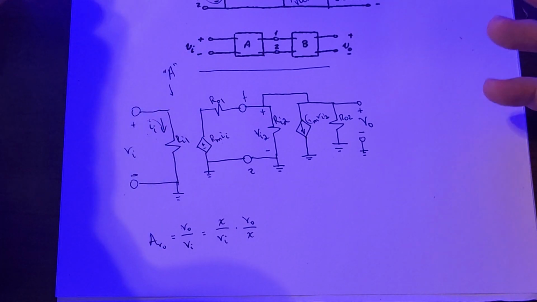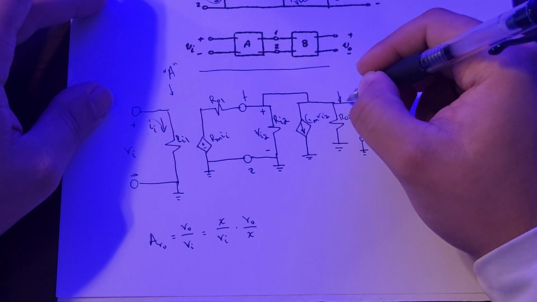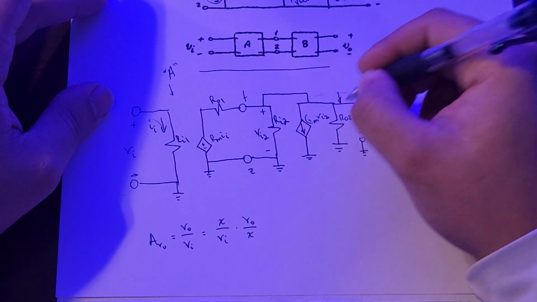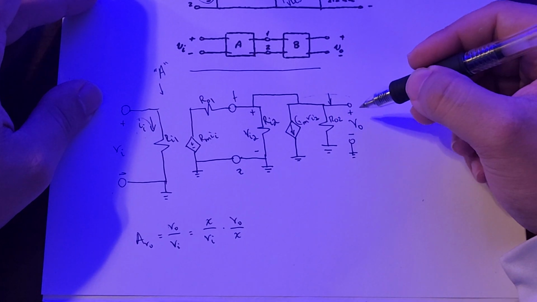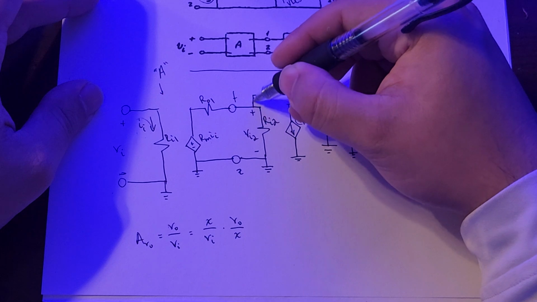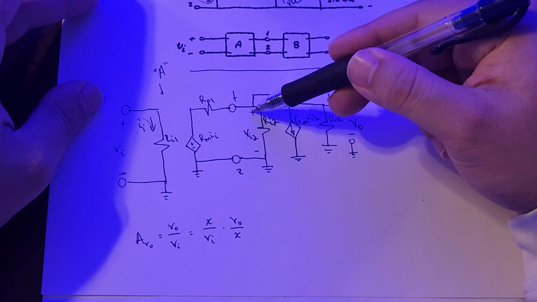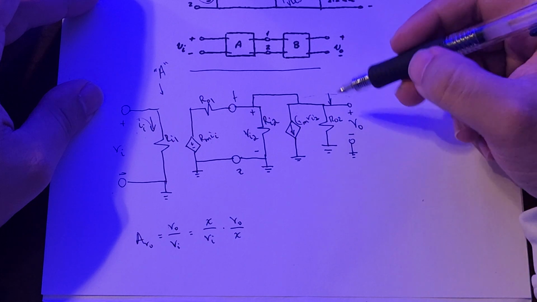But before that, we can notice that the electric potential on this node here that I put this arrow on is plus V naught, or plus V out here. Now this can be traced here. This is the same node. This positive sign is the same as this positive sign. And now we can check the negative sign.